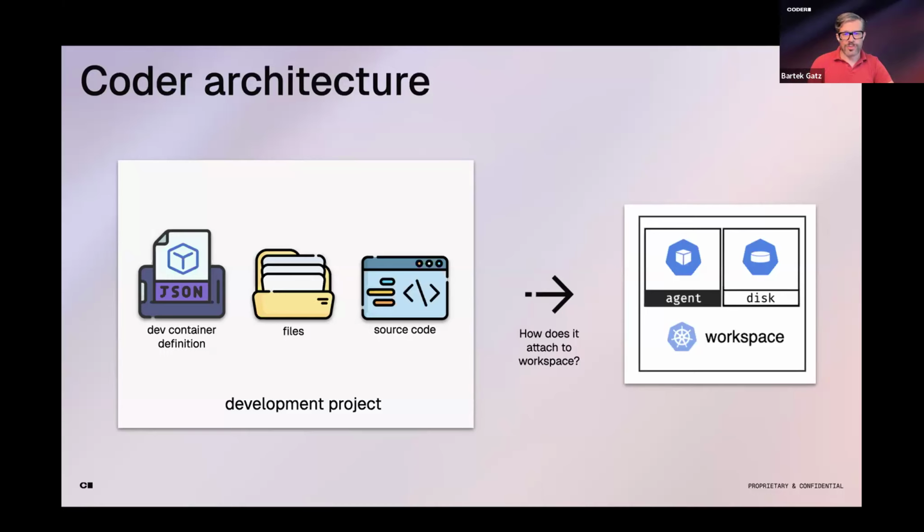This file represents the description of an ideal environment and of a container in which the development process should be performed. I have used this example of a Kubernetes workspace on the right of this diagram. It doesn't have to be that way; it's just an example for illustration.